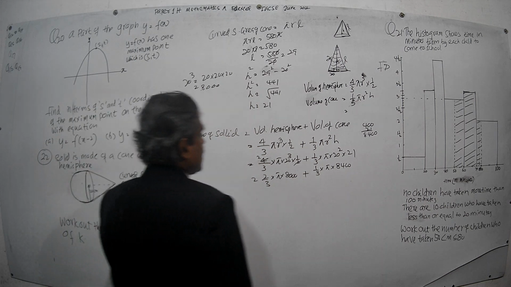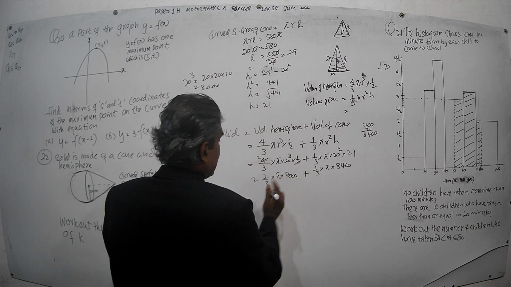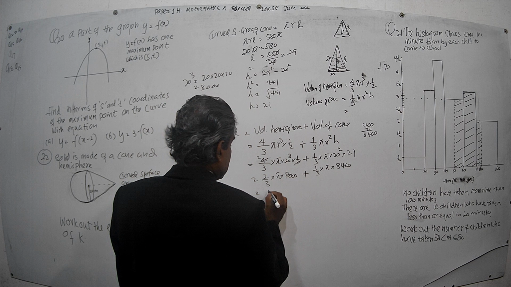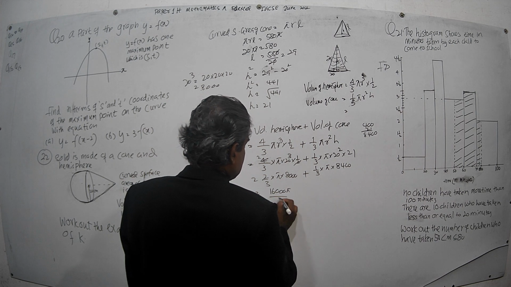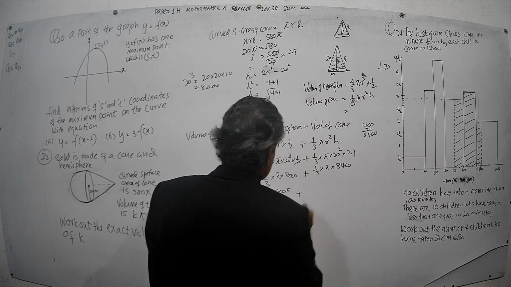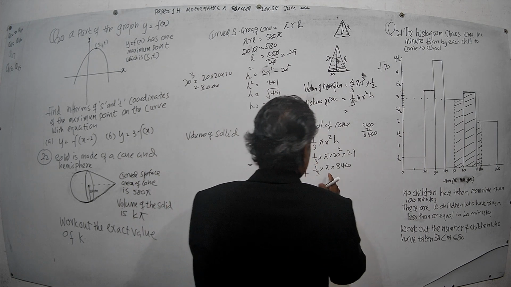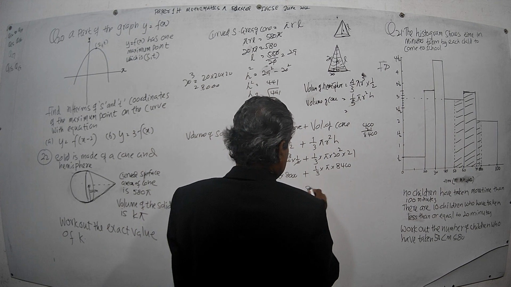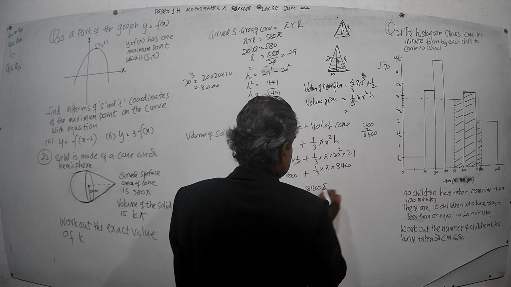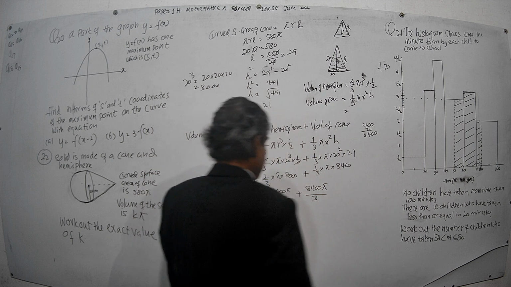Now 2 times 8,000 is 16,000, so 16,000 pi over 3, plus 8,400 pi over 3.